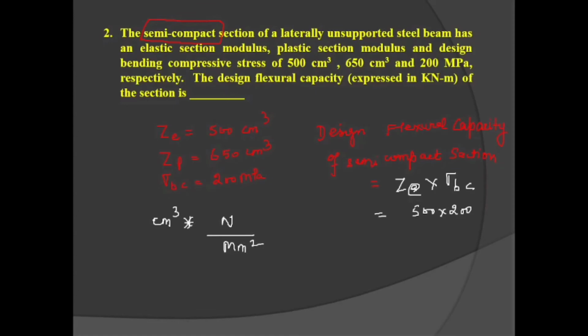Let's calculate the value. We have to calculate the design capacity in Newton mm. 1 centimeter is equal to 10 mm, so that is 10 to the power 3 mm cube times Newton per mm square. The mm square cancels out, so we get Newton mm multiplied by 10 to the power 3.